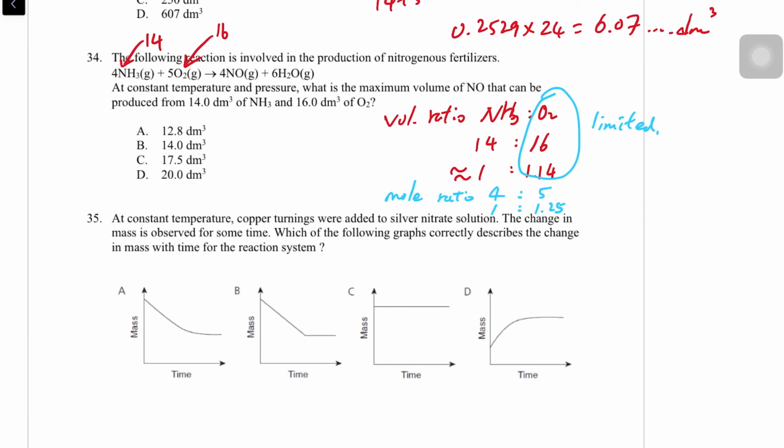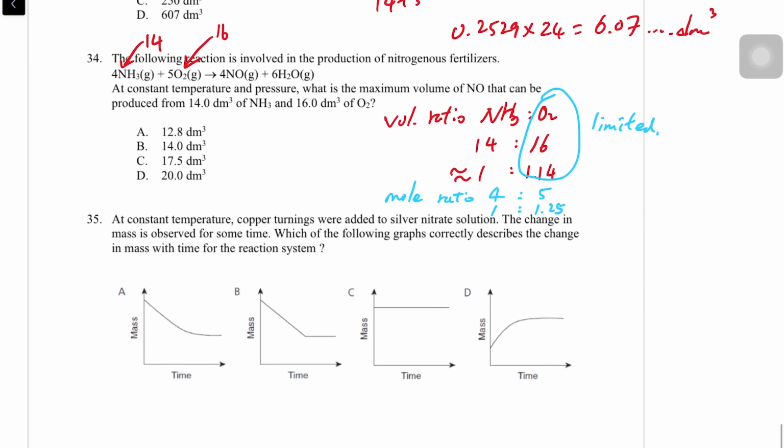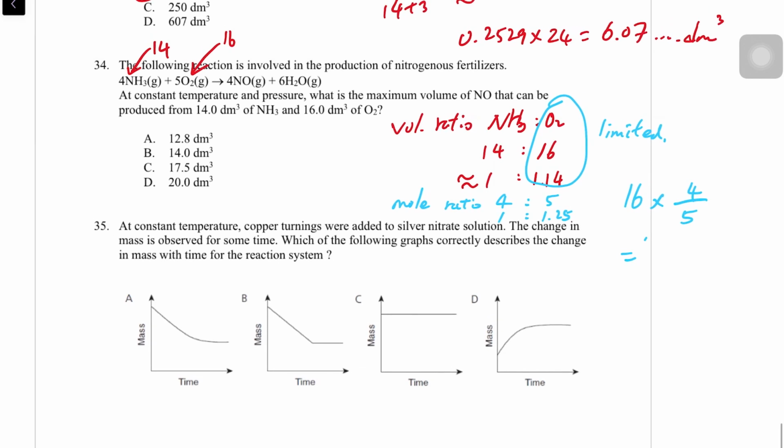So in case all 16 dm cube of O2 are reacted, the amount of NO formed will be 12.8 dm cube.